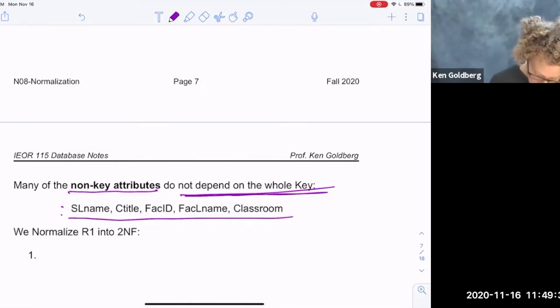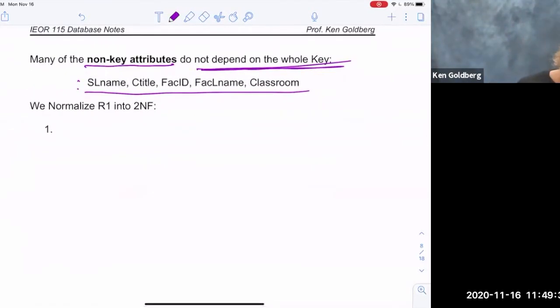And so I do that as follows. I'm going to normalize that into second normal form. First, I'm going to break it down into a separate table for student last name. Here I'll just put student ID and student last name.